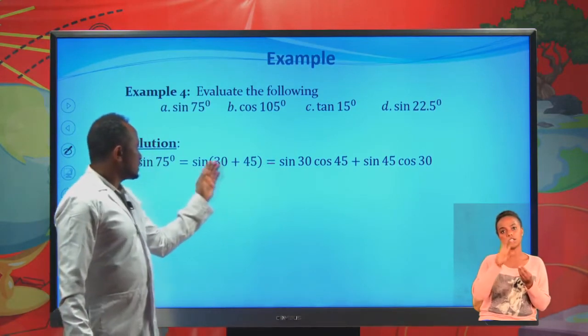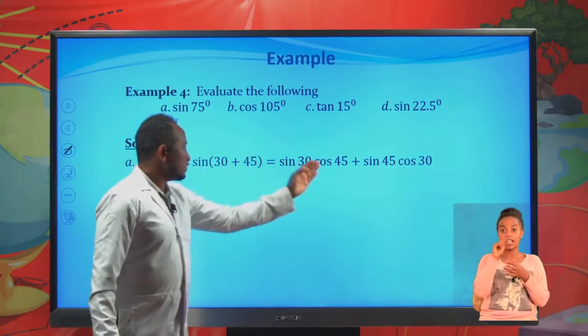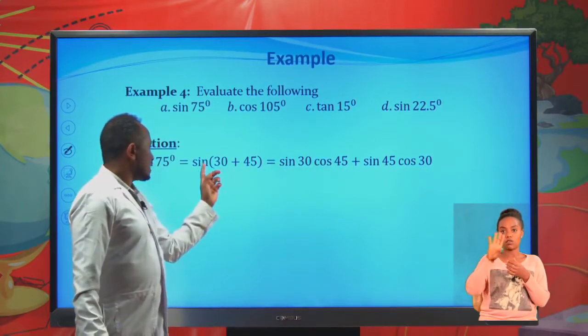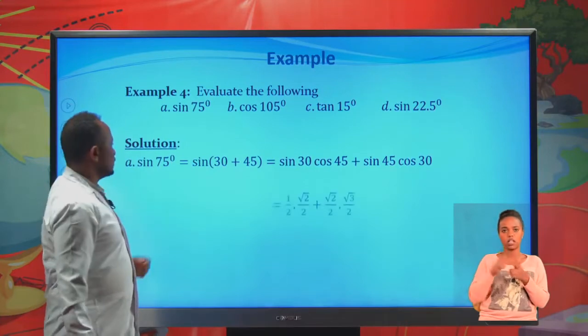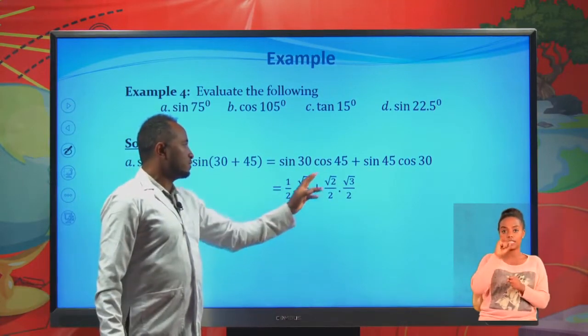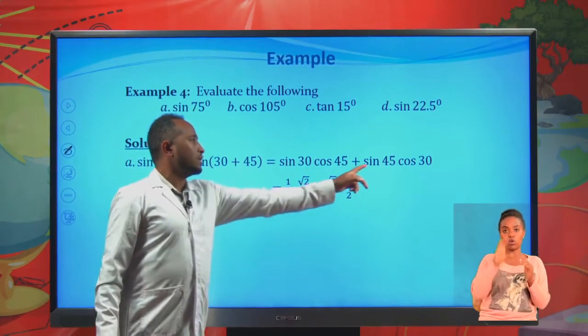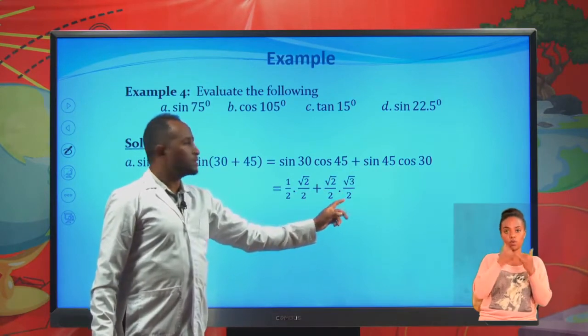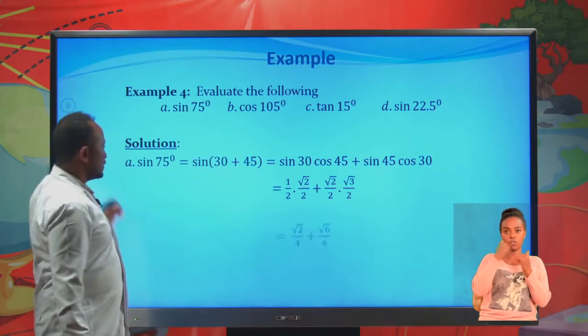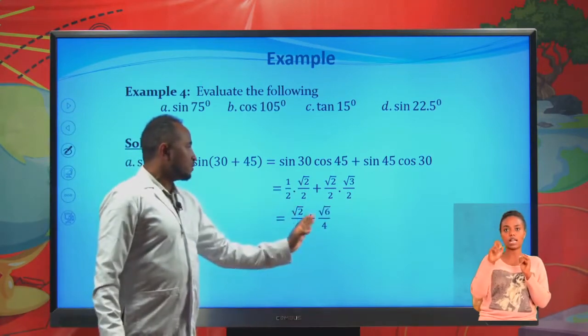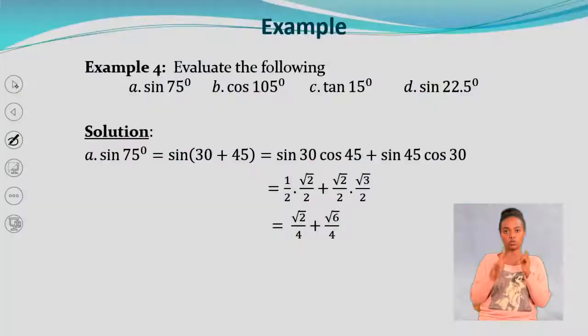So this is equal to sine 30 cos 45 plus sine 45 cos 30. Therefore, when you evaluate this, sine 30 is 1 over 2, cos 45 is root 2 over 2, plus sine 45 is root 2 over 2 times cos 30 is root 3 over 2. So simplifying this, you will have root 2 over 4 plus root 6 over 4.